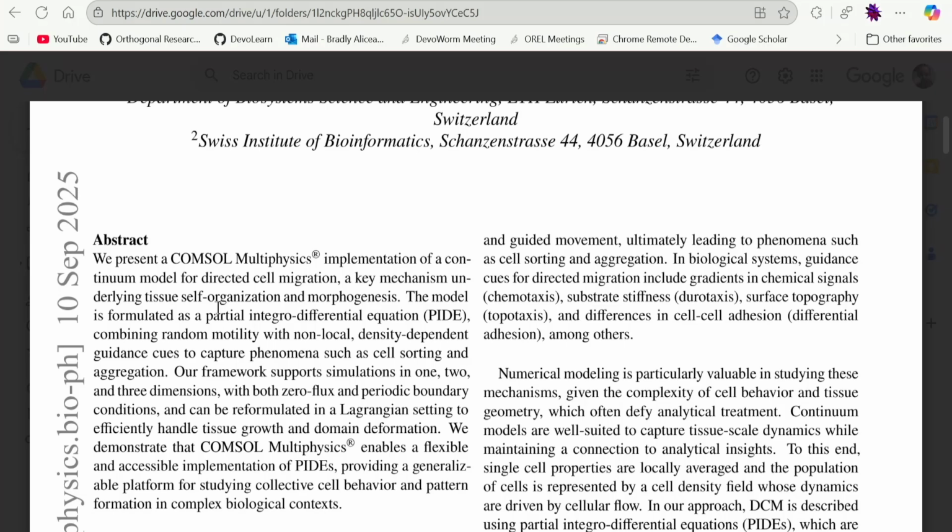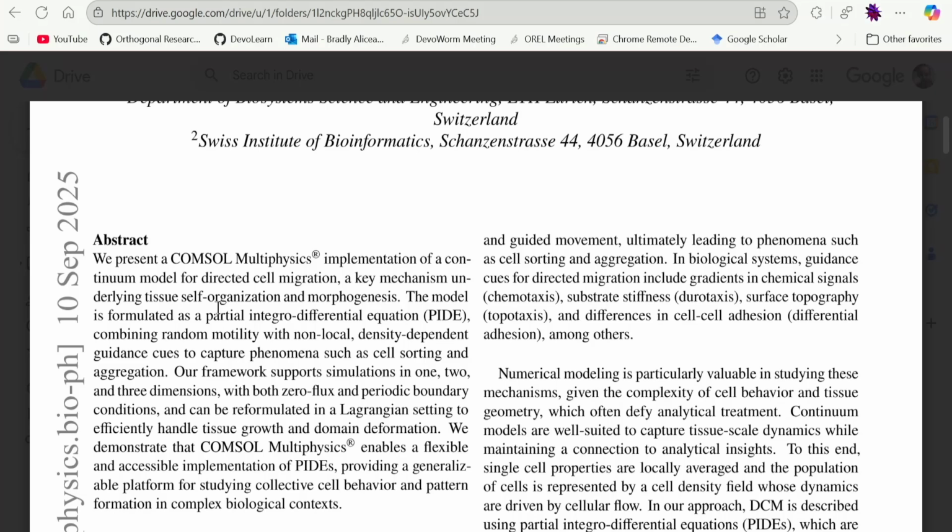Our framework supports simulations in 1, 2, and 3 dimensions with both zero flux and periodic boundary conditions. It can be reformulated in a Lagrangian setting to efficiently handle tissue growth and domain deformation. We demonstrate that COMSOL Multiphysics enables a flexible and accessible implementation of PIDEs, providing a generalizable platform for studying collective cell behavior and pattern formation in complex biological contexts.